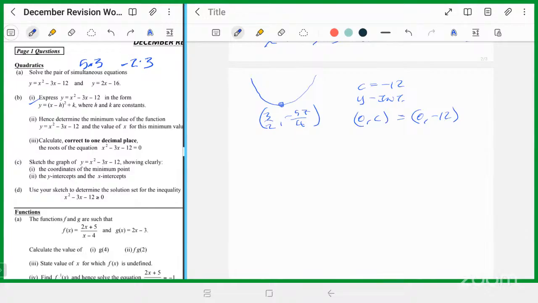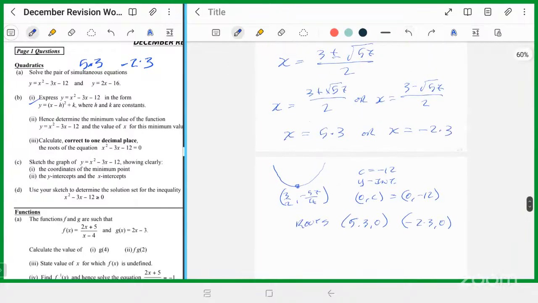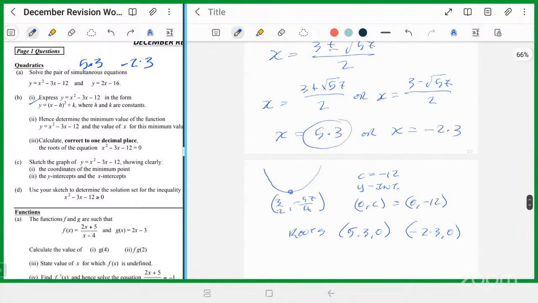What else again? So this is where it turns. And we have the two roots, right? So the roots are 5.3, 0, and negative 2.3, 0. These are the two roots that we found a while ago. 5.3 is the x value, and negative 2.3 is the x value on the roots.